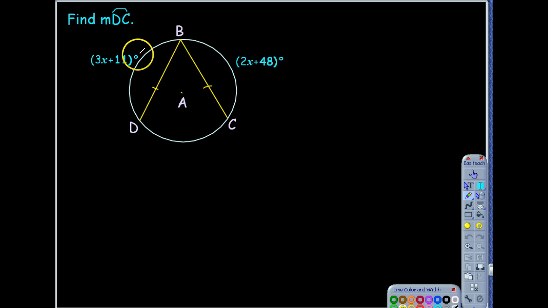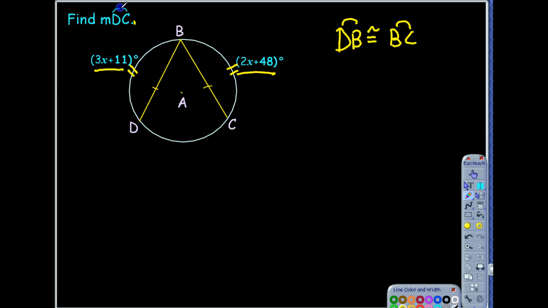Okay, notice again, arcs are measured in degrees. Segments obviously are not. Right. So what do these chords have to do with those arcs that are labeled? Well, we learned a theorem that says that if the chords are congruent, then the arcs are congruent. So that means arc DB, I'm going to make a little note, arc DB is congruent to arc BC. The reason why I point that out is because that's the given information.